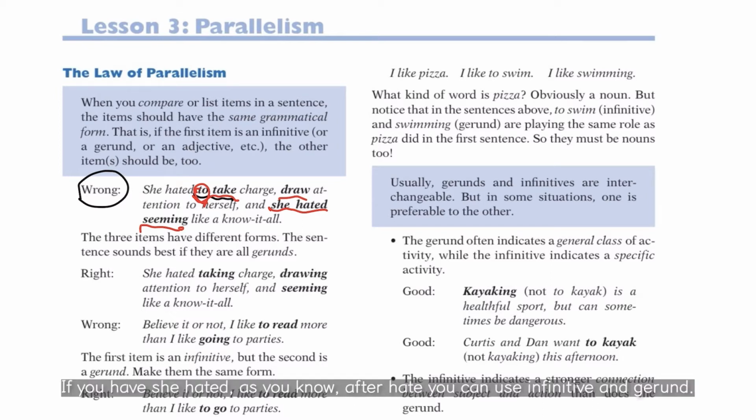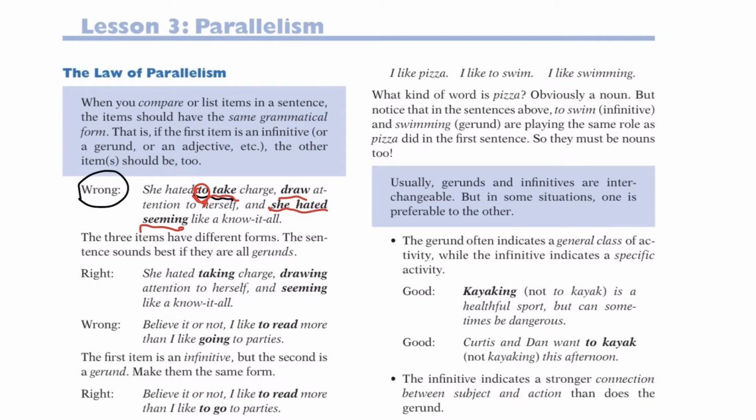So if you have "she hated," as you know, after hate you can use an infinitive and a gerund, both of them. So in here, you should say, "She hated taking charge, drawing attention to herself, and seeming like a know-it-all."